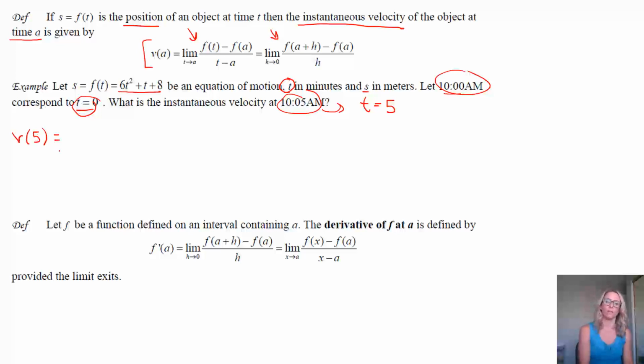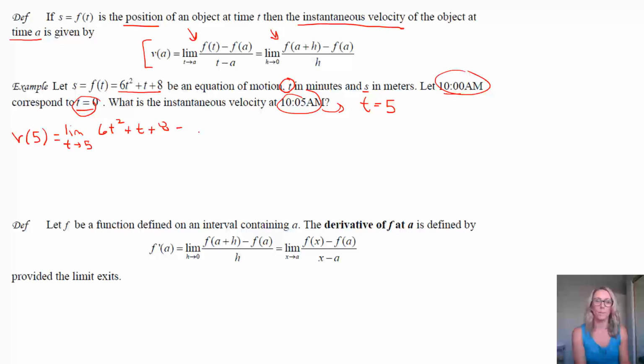What is the velocity at 5 minutes? But that's given to us at the top there. So really what we have is the limit as t approaches 5 of f of t, which is given to us in the problem, 6t squared plus t plus 8, minus f of a.